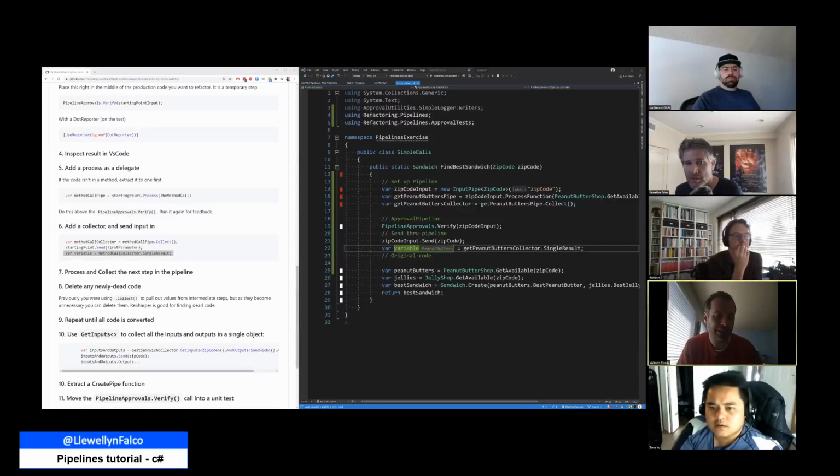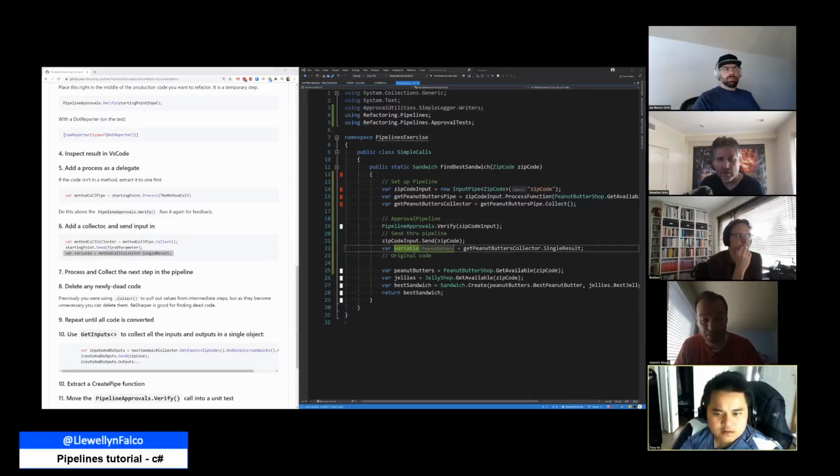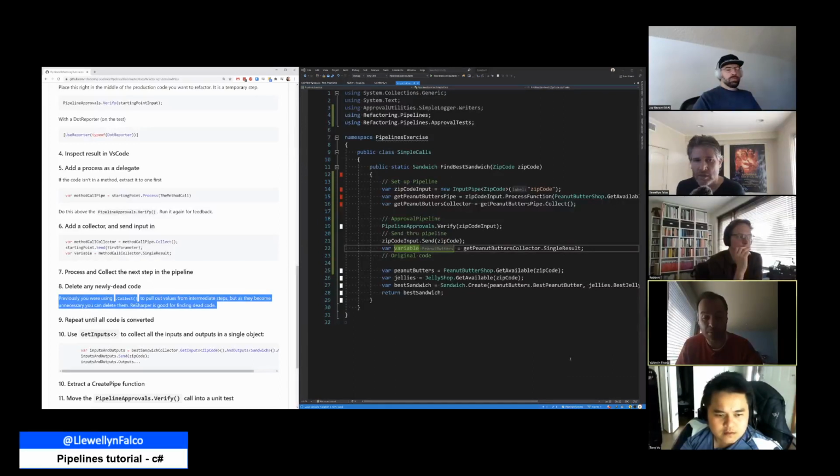Tony, just to again, if you look at point 8 in the tutorial, you previously used collect to pull out values from intermediate steps, but as it becomes scalar you can delete them. So this is just for these intermediate steps.